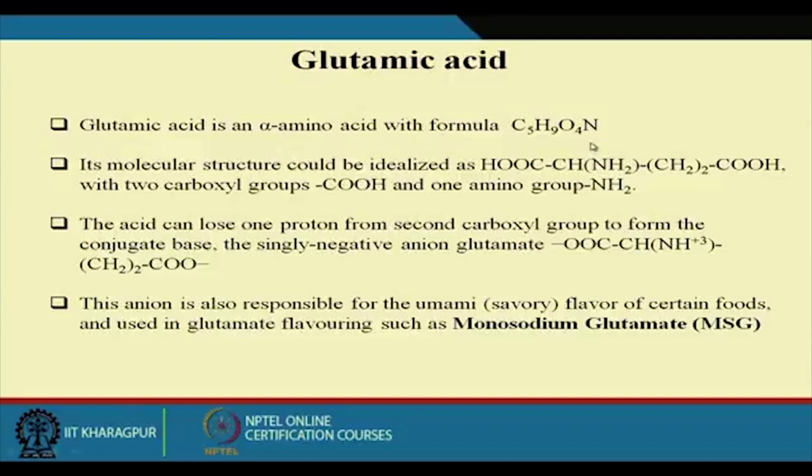Now one thing I want to point out is the importance of the amino acids in our day-to-day life, because it has been observed that the utilization efficiency of any protein depends on the amino acid composition.